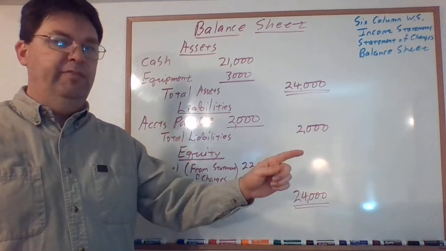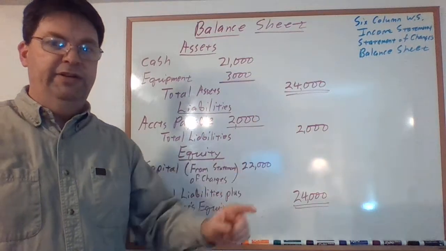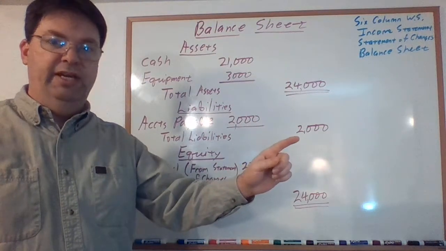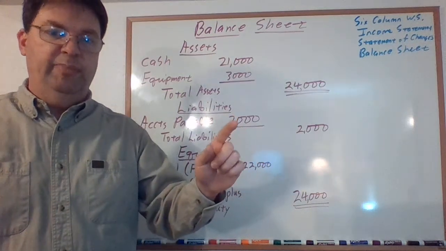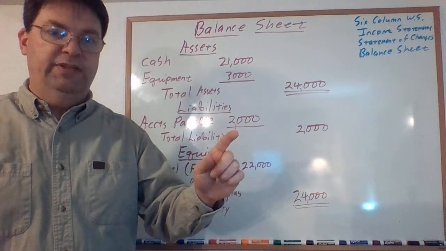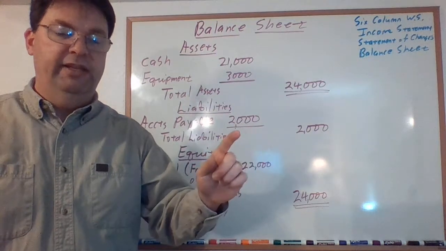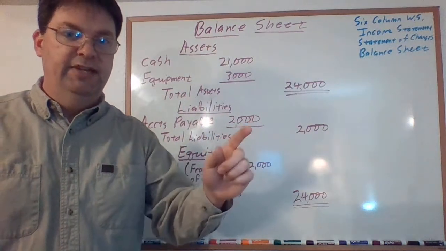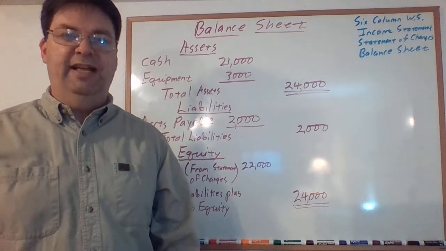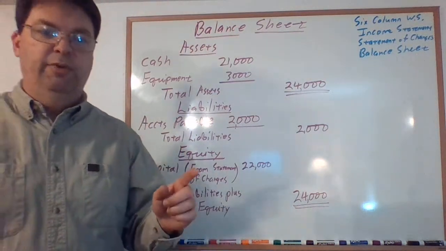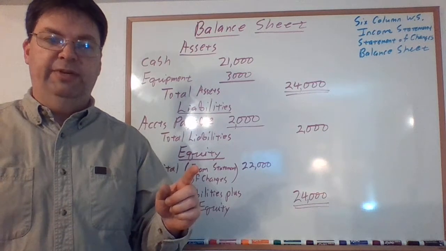Now you notice I didn't put a bunch of underlines underneath this because that's not a major number. That's just a subtotal. So I might total up all our account payables here, and I would put one line under it. That means I'm adding all these things, and I've got a total over there for $2,000. But it's not the full picture because we still have to add in owner's equity. All right?